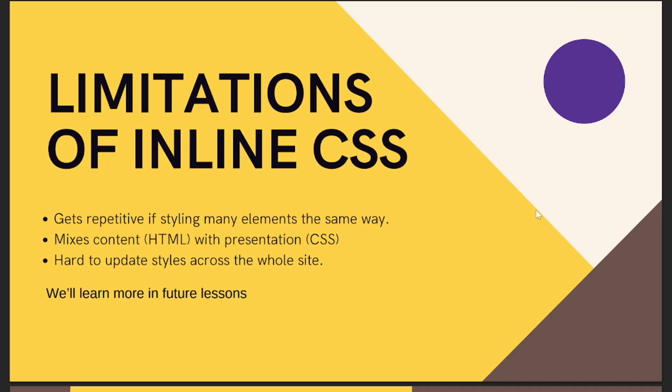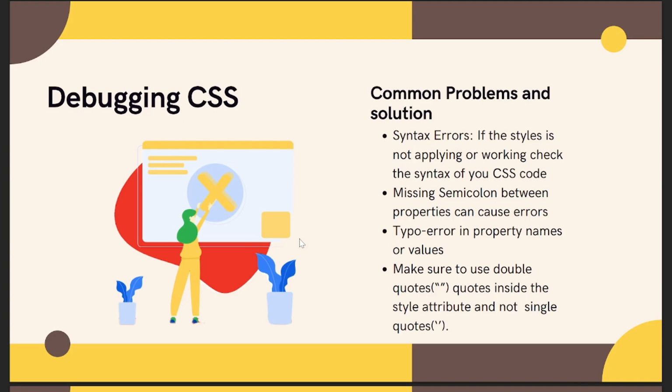So there are limitations in CSS. There are reasons why people don't use inline styling often, because you get to repeat a whole lot of styling in just one element, and that's somehow wrong, because at a point you will get confused and your code will get too long. So in case you have issues in your styling, there are common problems you get in CSS, and one of them is syntax errors.